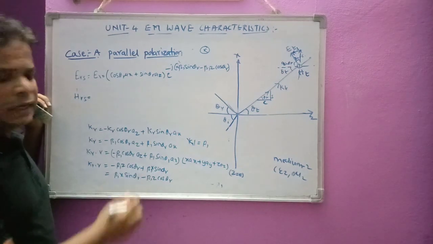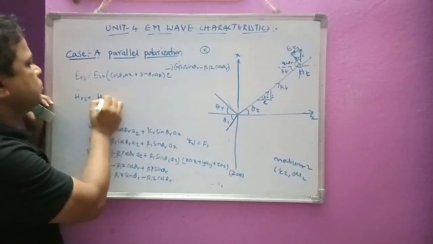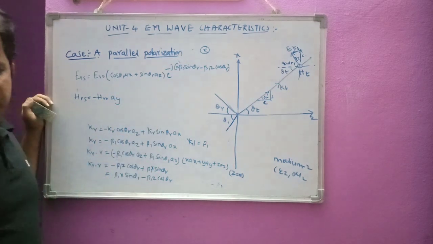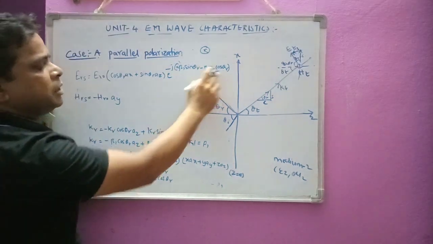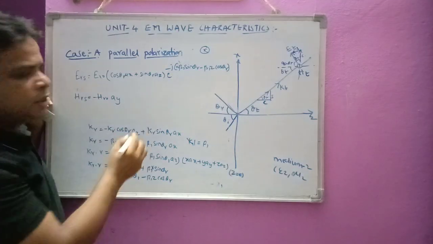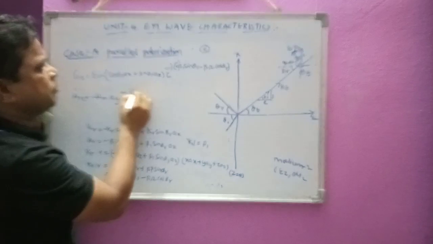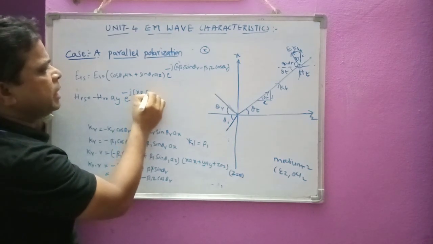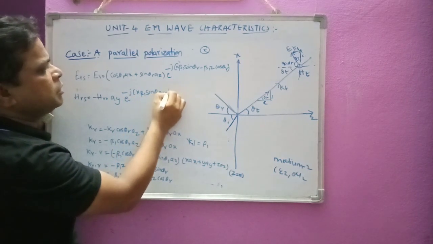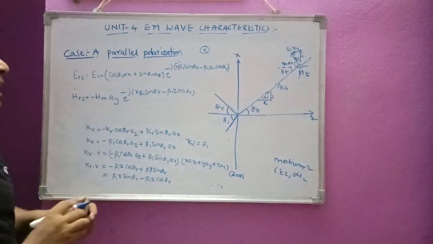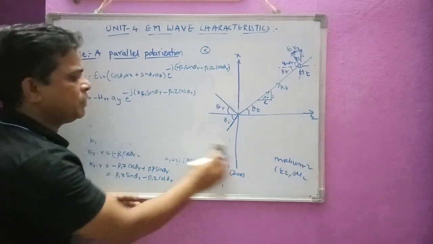Now I can write directly H_R0 into minus a_y, and the exponential term will be the same, so I don't want to write it again and again: e^(-jβ1 x sin θ_r minus β1 z cos θ_r). So these are the reflected wave equations.